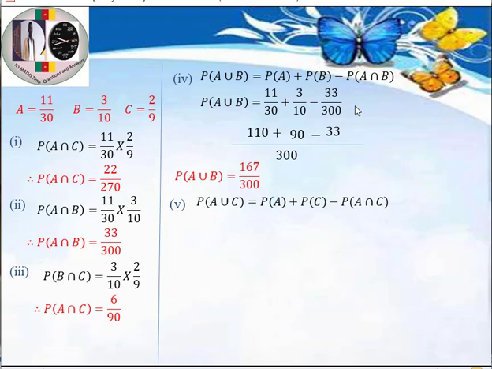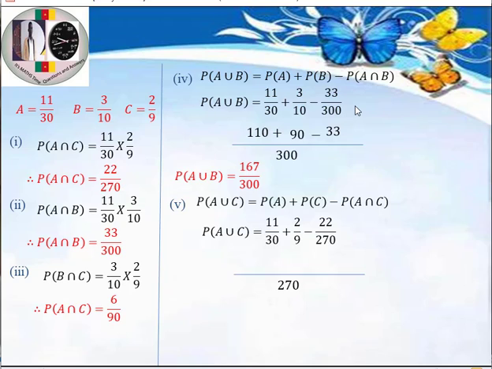So probability of A union C will be equal to probability of A, which is 11 on 30, plus probability of C, which is 2 on 9, minus probability of A intersect C, which is 22 on 270. The LCM in this case is 270.